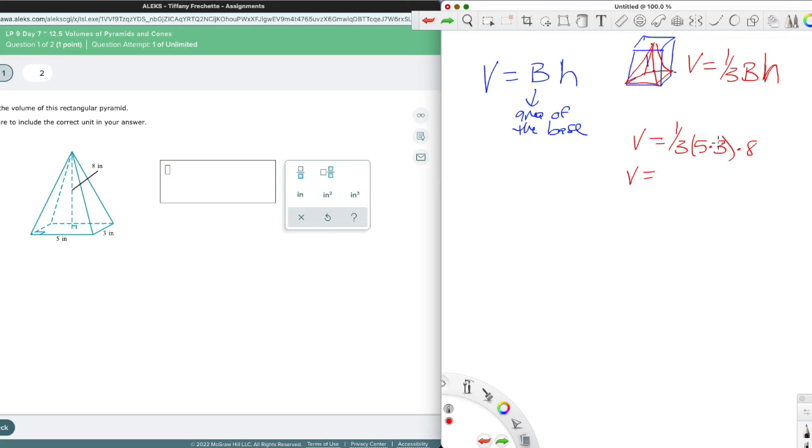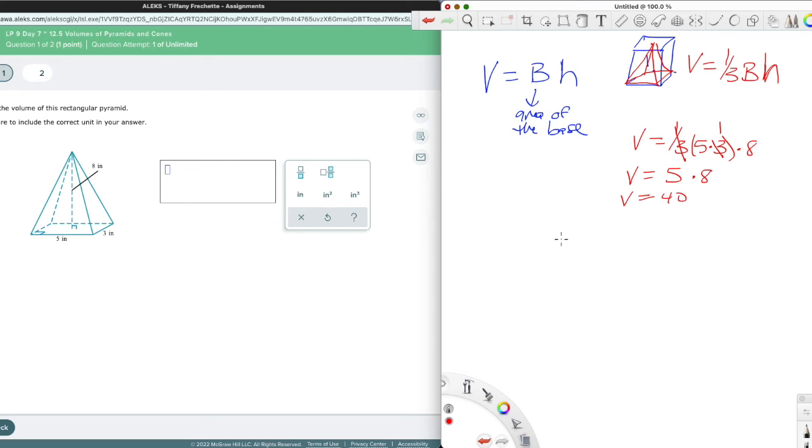So, commutative property, I can multiply 1/3 times 3 before 5. 1/3 times 3 is actually going to be 1, because it's really saying 3 divided by 3. It's another way of thinking about it. So 5 times 1 is 5, and then 5 times 8 becomes a little easier, right? Because now it's just 40.